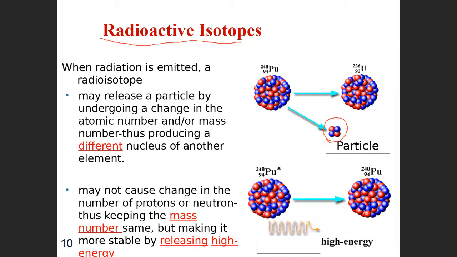For example, we have plutonium, which is an unstable isotope. It is 94, this is the atomic number, and this is the mass number. It will emit these particles.